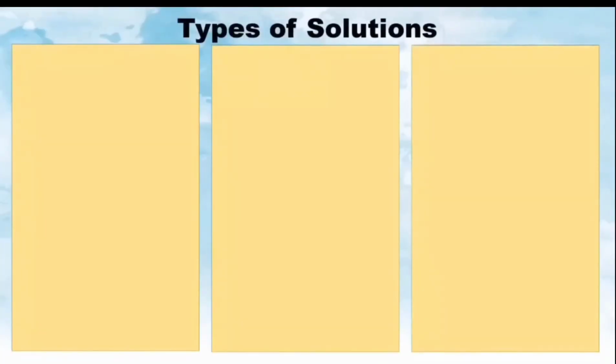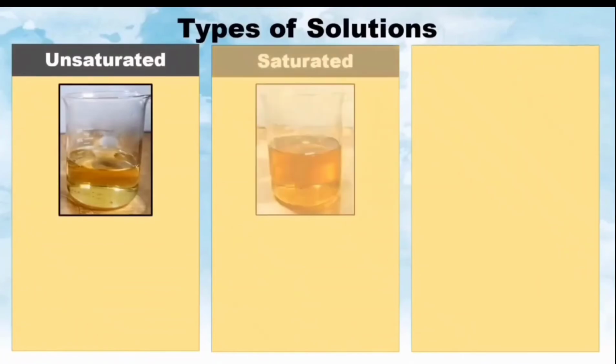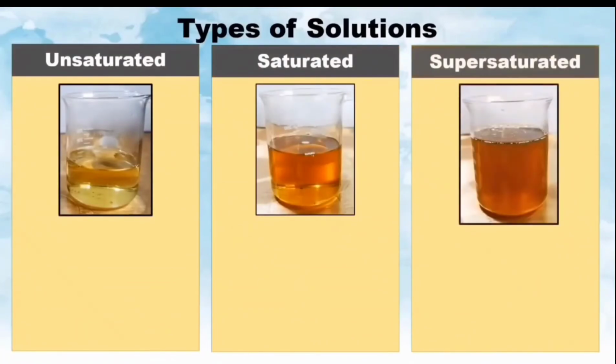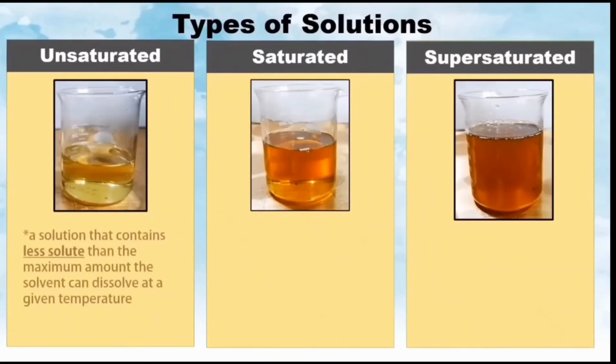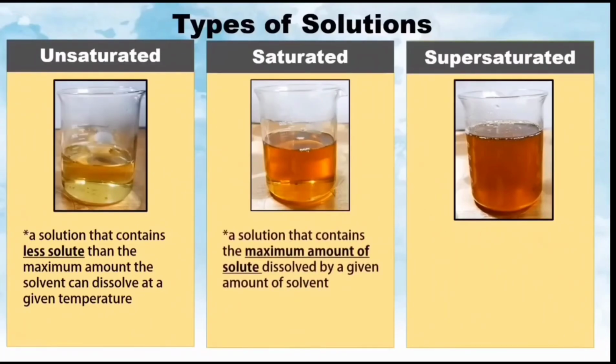There are three types of solutions: the unsaturated, saturated, and supersaturated solutions. An unsaturated solution is a solution that contains less solute than the maximum amount the solvent can dissolve at a given temperature. A saturated solution, on the other hand, is a solution that contains the maximum amount of solute dissolved in a given amount of solvent.